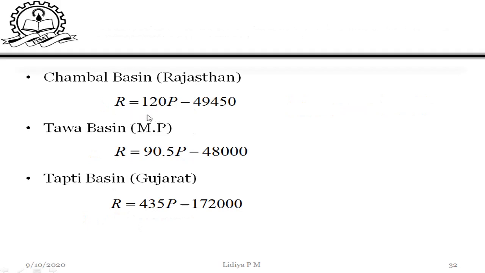Then for the Chambal basin, R is equal to 120 P minus 49,450. Then this is the equation for the Tawa basin, and for Tapti, R is equal to 435 P minus 1,72,000.